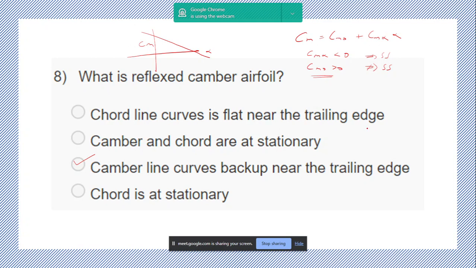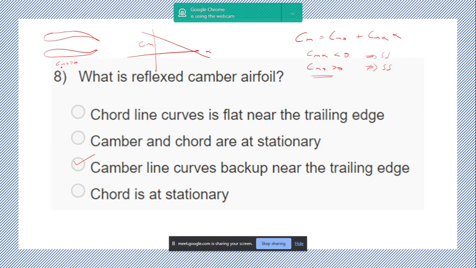The supercritical airfoil had a flatter upper surface and camber towards the end. Now your reflexed airfoil will be something like this. You have a curve up towards the trailing edge. That is right. The answer is that it is done to ensure Cm naught is greater than 0.